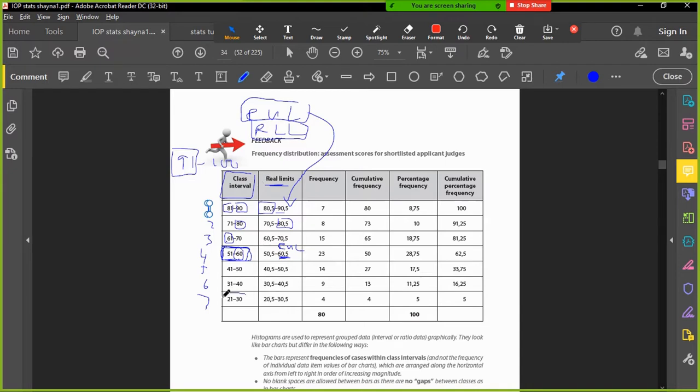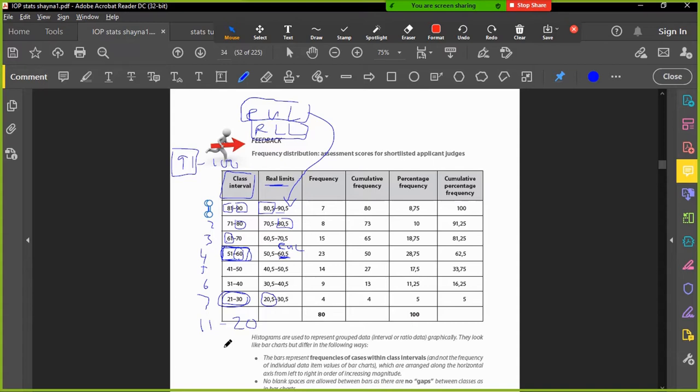So let's do this one. What's the working for that? What's the other lower class going to be? 11 to 20.